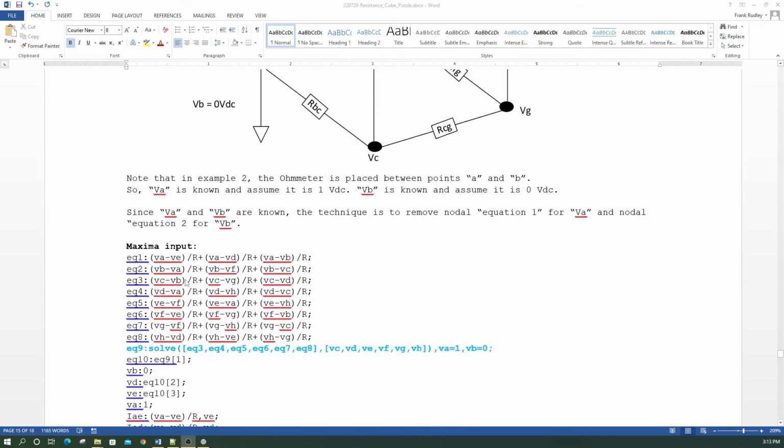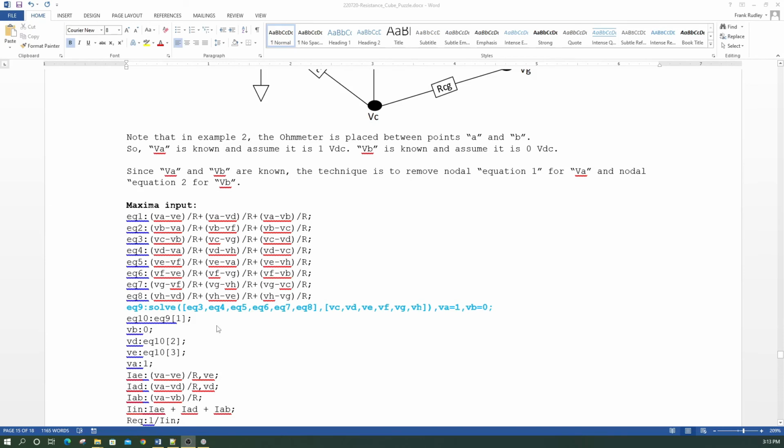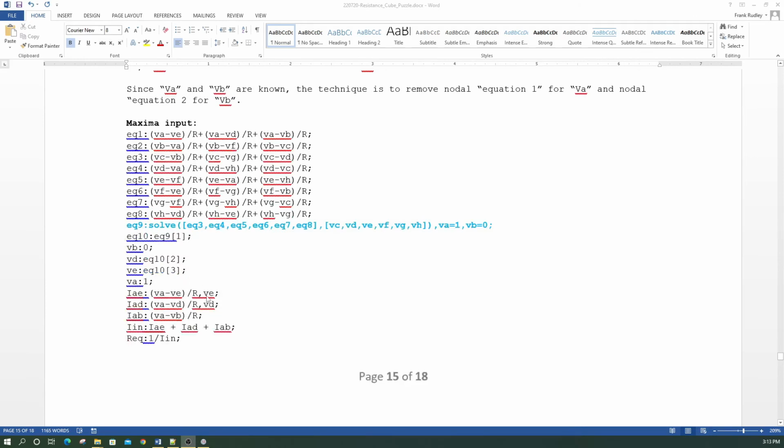So we have all these equations in here, but when we solve it, we remove equation 1 and equation 2. So we only have 3, 4, 5, 6, 7, 8. And then we solve for VC, VD, VE, VF, VG, VH, and we set VA to 1 and VB to 0. And these steps over here are used to figure out the 3 currents.